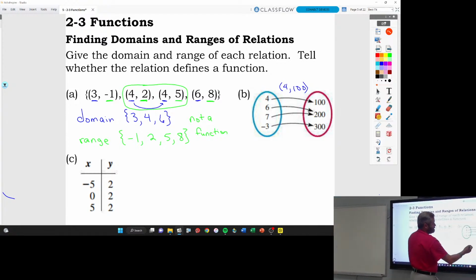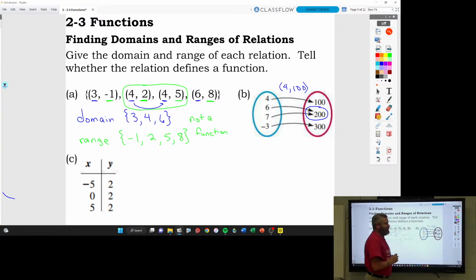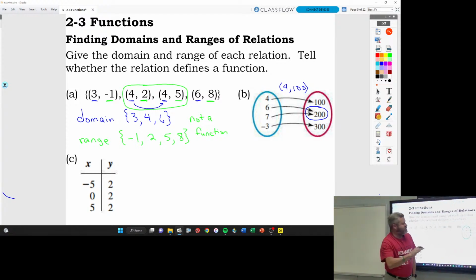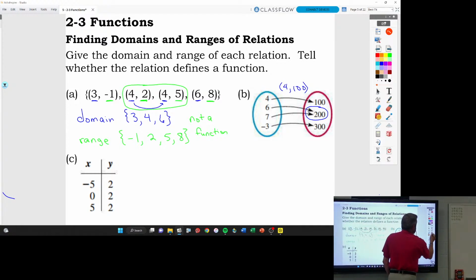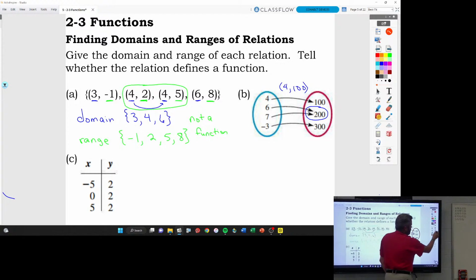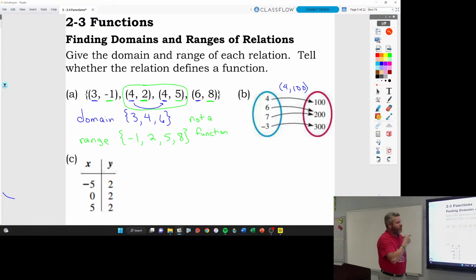In this case, you'll notice on the y side, the 200 is repeated, but that's a y value that's repeated, so that's okay. On the x side, nothing is repeated. The 4, the 6, the 7, and the -3 only map to one number, and because of that, this is going to be a function.